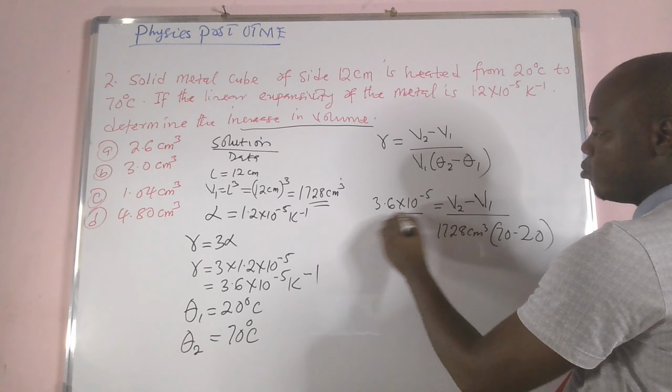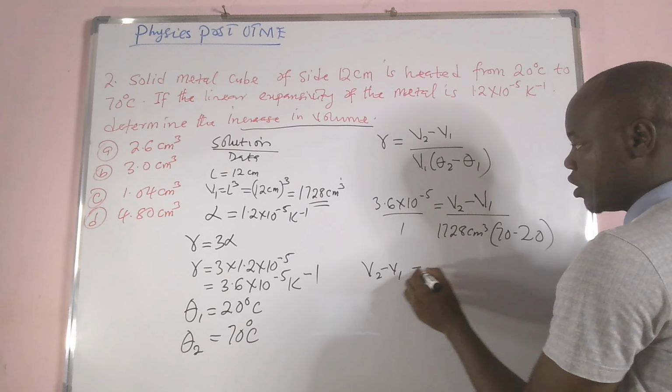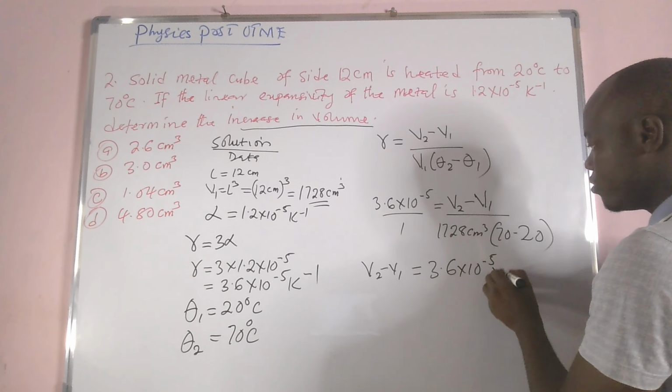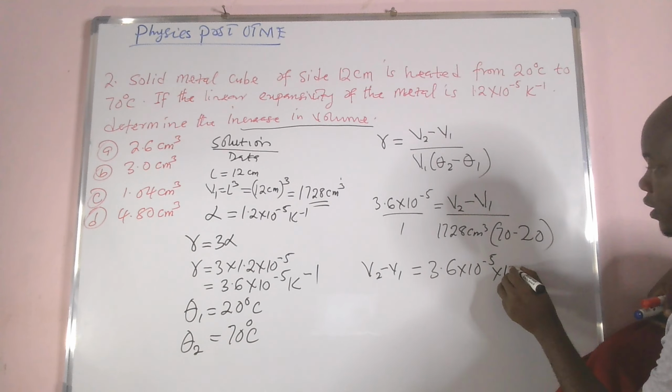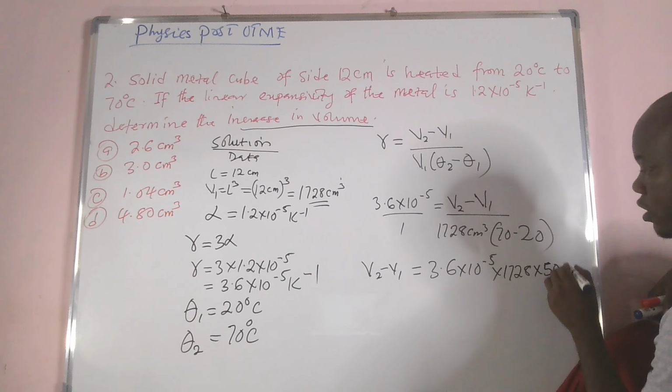So we can now make this the subject of the formula. So V2 minus V1 is equal to 3.6 times 10 raised to the power of minus 5 times 1728 times 50.